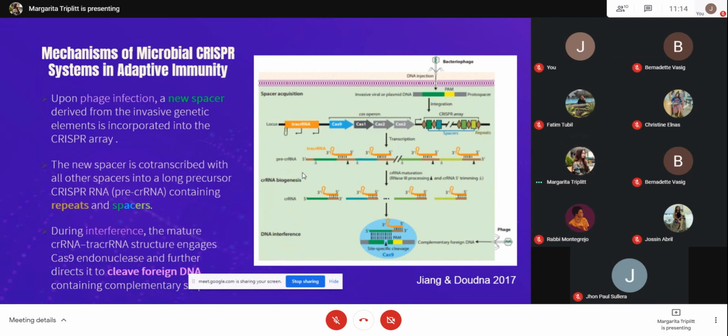So in transcribing, the tracer RNA is transcribed separately and then recombines with the pre-crRNA. Here, the pre-crRNA and tracer RNA are in different transcription processes. So the pre-crRNA and tracer RNA undergo maturation by a specific enzyme called RNase 3, and there is also trimming occurring.